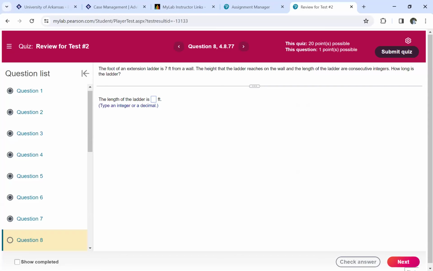Oh, y'all, here we go. Here's our ladder problem. So let's see what the gist of this one is. So I'm gonna draw my wall. So the foot of this ladder is 7 foot from the wall. And then remember, the height it reaches on the wall and the length of the ladder are consecutive integers. So what that means is, let me go to my pad here.